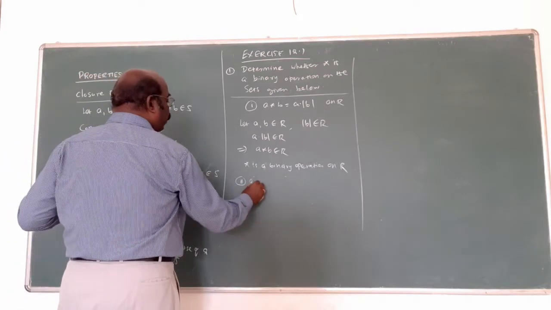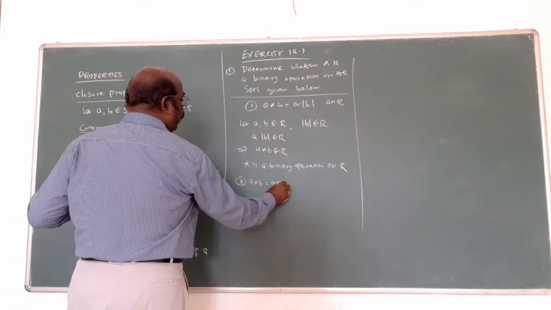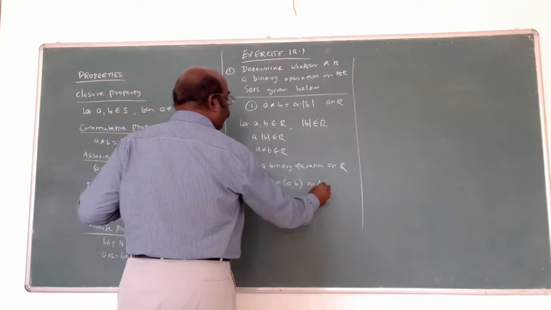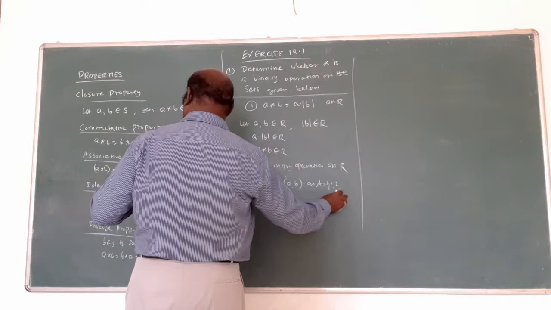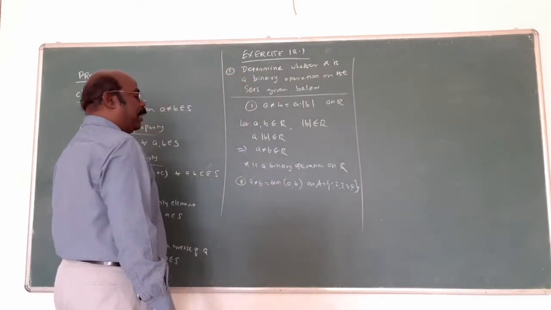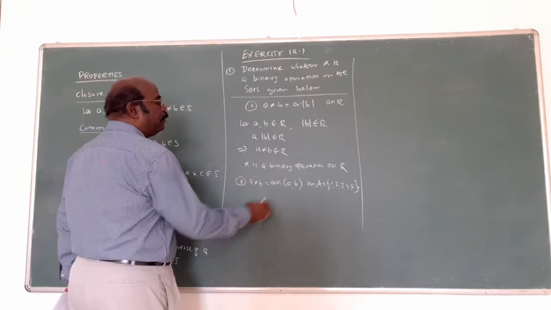A star B equals minimum of A, B on A, where A is 1, 2, 3, 4, 5. These are very simple concepts.